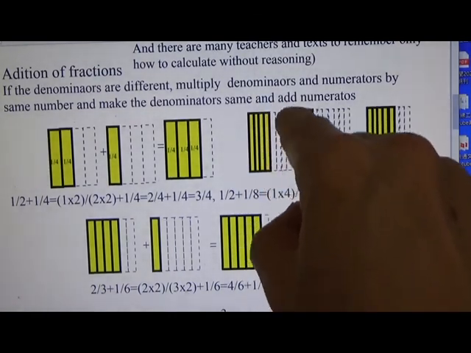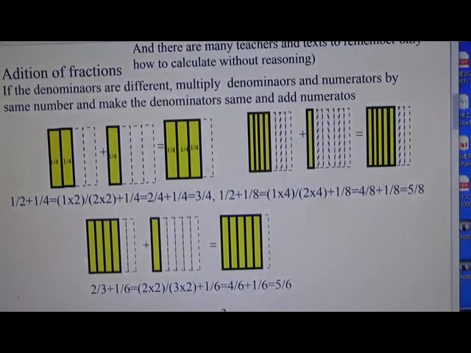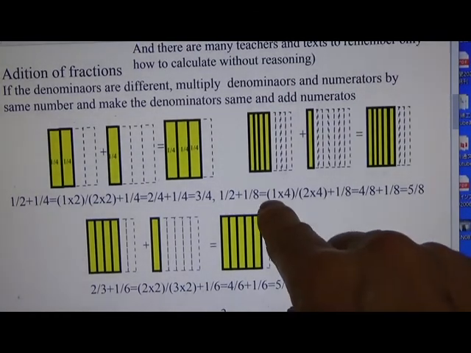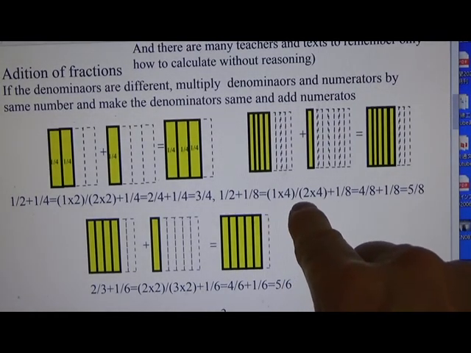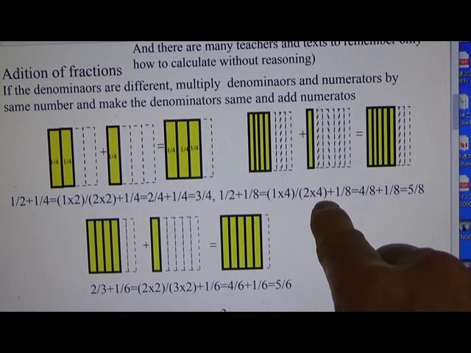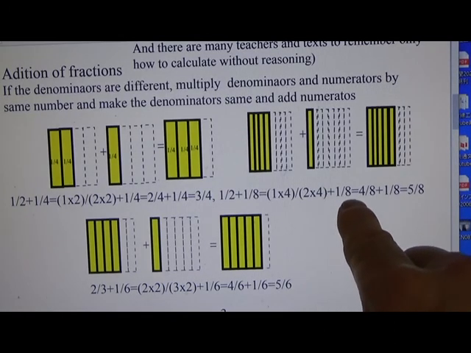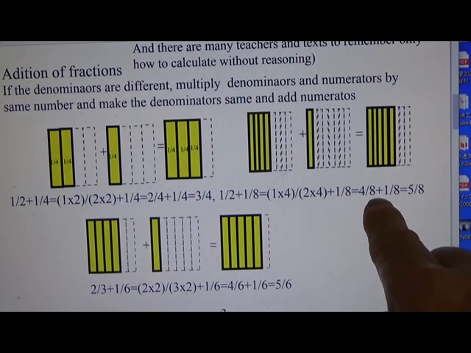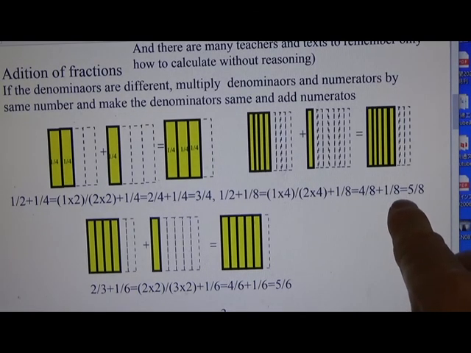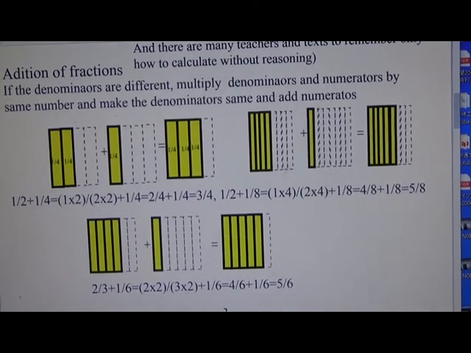This dotted line is quantity 1. That is 1 multiplied by 4 divided by 2 multiplied by 4, plus 1/8, is 4/8 plus 1/8 is 5/8.